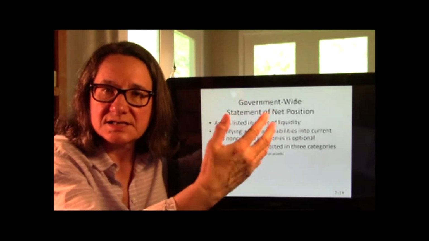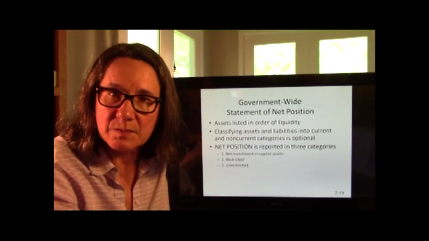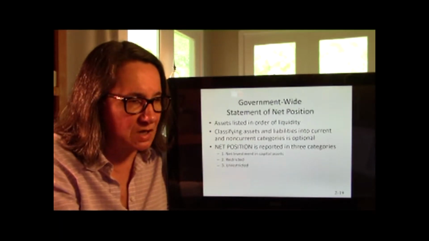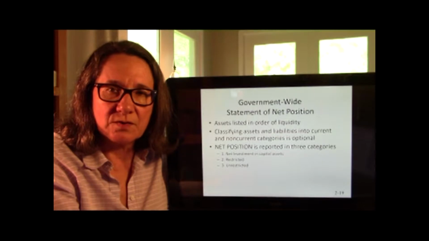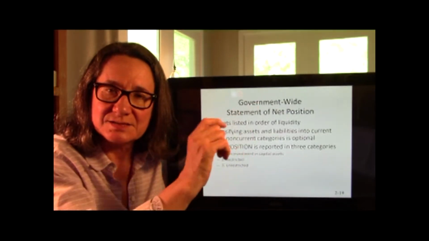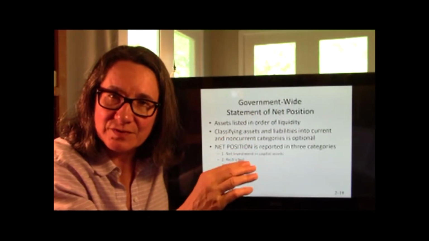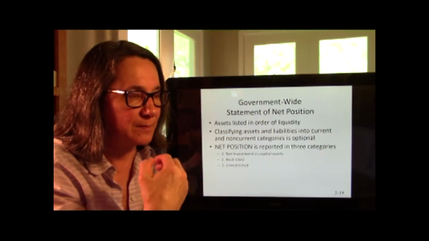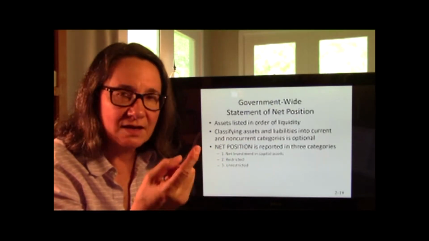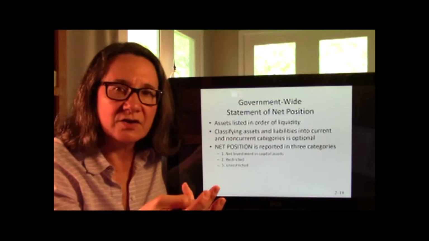So you take your assets minus your liabilities, and that leaves you with a net position. Also, there's 3 categories of net position. So when you're doing your assets minus liabilities, you have to subtract those liabilities from the proper category, right? So you're categorizing your net position in terms of capital assets, restricted, and unrestricted.